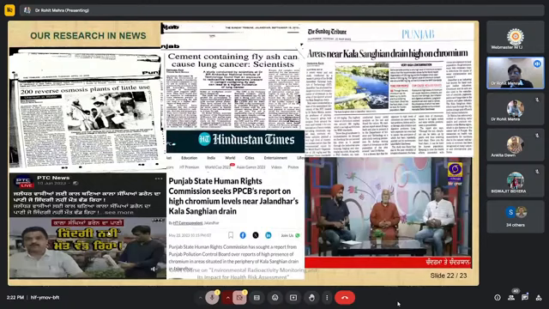So we go on giving our reports in different newspapers and print media, so that we also remain in public view, and the public should know what type of work we are doing and how it is impacting their health. Recently, from our report, the Punjab State Human Rights Commission has taken cognizance and asked the Punjab Pollution Control Board to check the high concentration of chromium levels in Jalandhar. That is why these types of studies are very important.